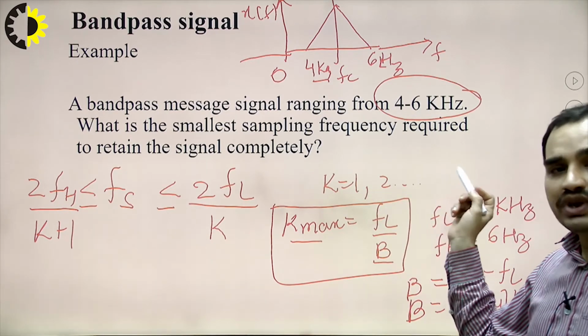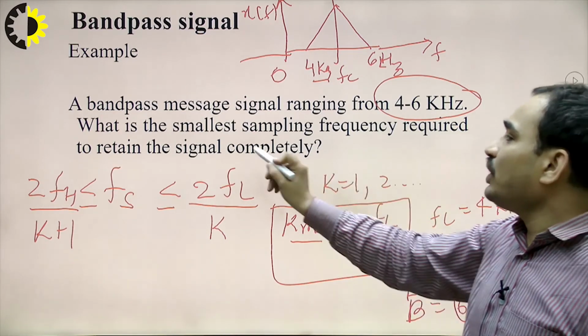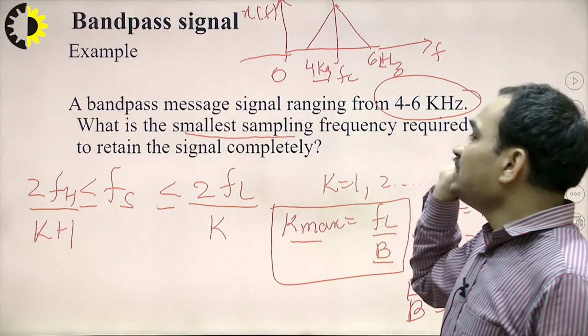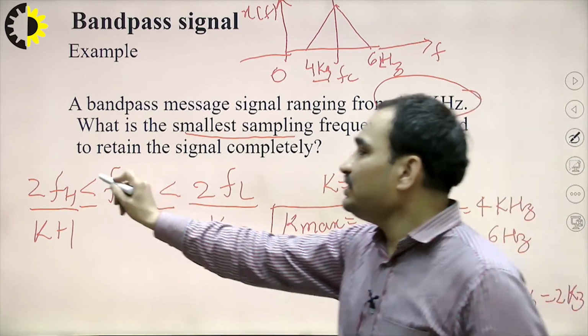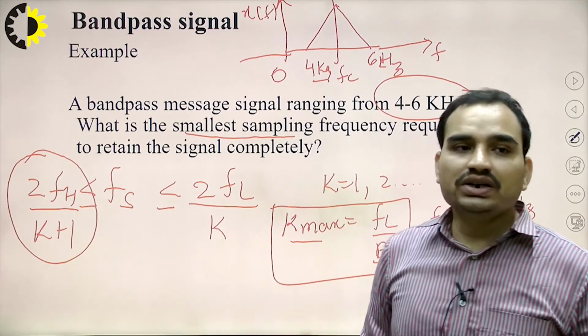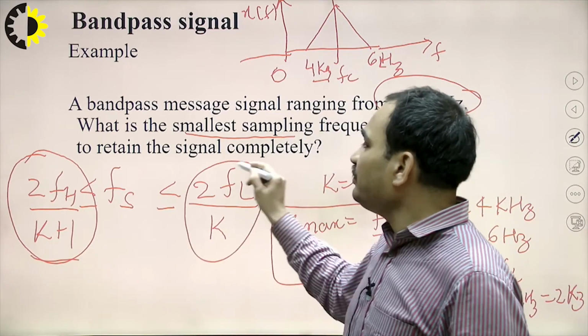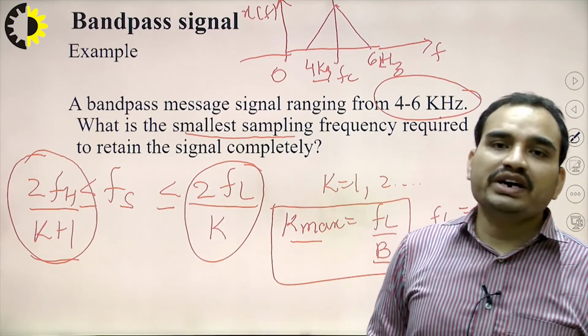It starts from 1, but we have to find the maximum value because we have to find the smallest sampling frequency. So for the smallest sampling frequency, we have to calculate this factor, because this gives the smallest value and this is the highest sampling frequency for a band pass signal.